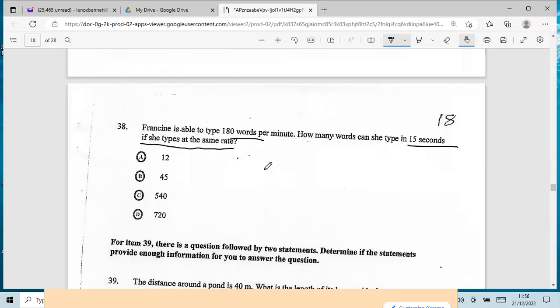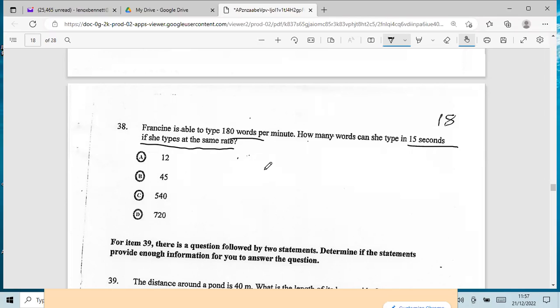How many words can she type in 15 seconds? Go. Sir, 45. Oh, you got it?